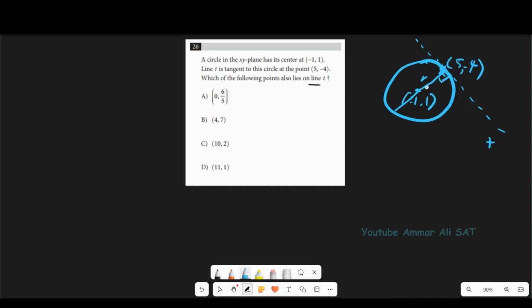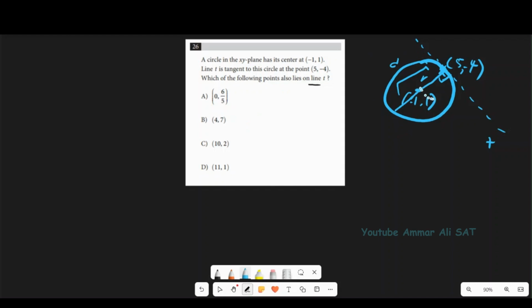What does that mean? Well, that means the angle between the diameter d and our tangent line is going to be a right angle.